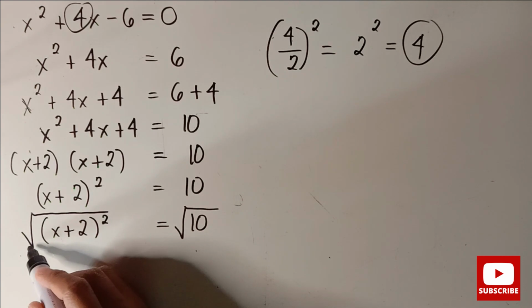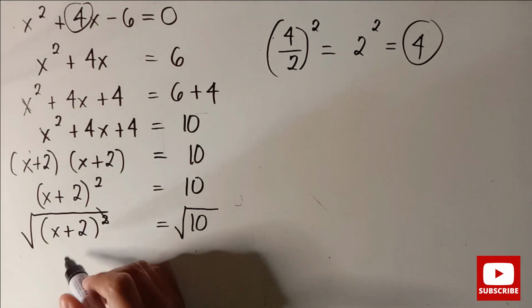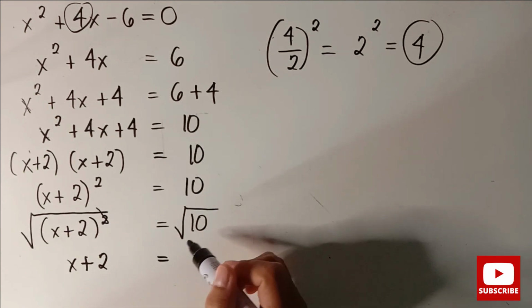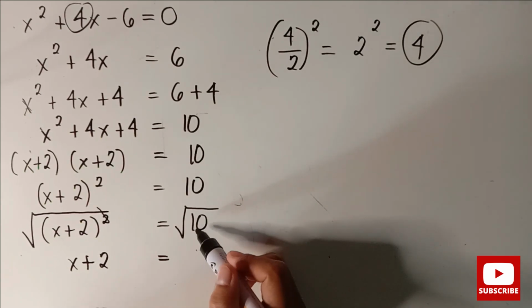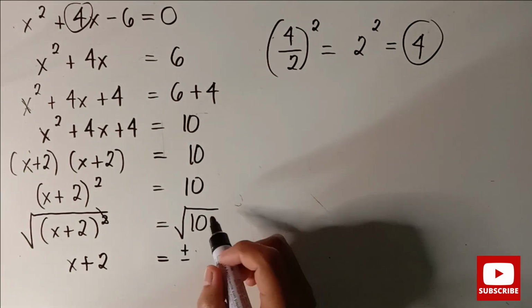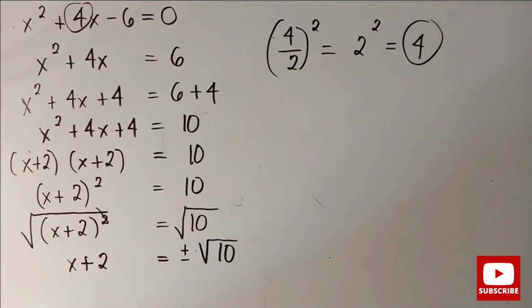We will cancel the radical sign and the exponent, therefore the remaining will be x plus 2. And then square root of 10, since this is not a perfect square, it remains positive negative square root of 10.